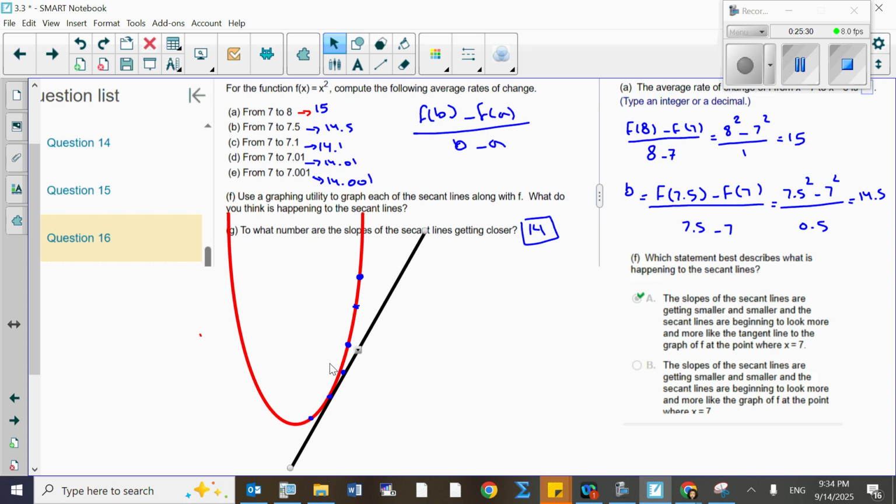So that means the slope of the secant lines are getting smaller and smaller. You see the slopes are getting smaller, and the secant lines are beginning to look more and more like the tangent line to the graph of f at point x equal to 7. So it's getting closer to look more like a tangent line rather than secant line.